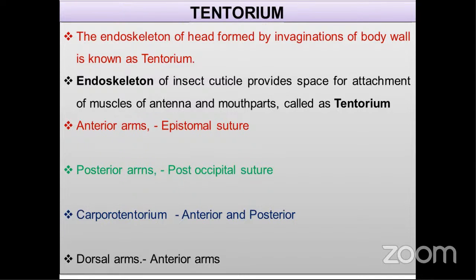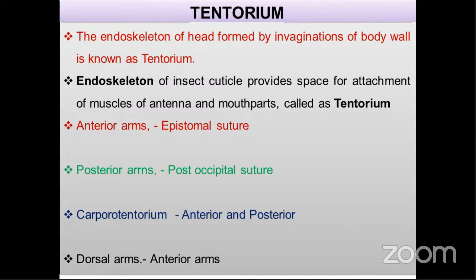It is formed by invaginations of the body wall. In cuticular appendages and cuticular processes, there are outgrowths and invaginations. In invaginations, apodemes and apophyses are there. Apodeme means a solid-like structure. So invaginations of the body wall can form the tentorium.